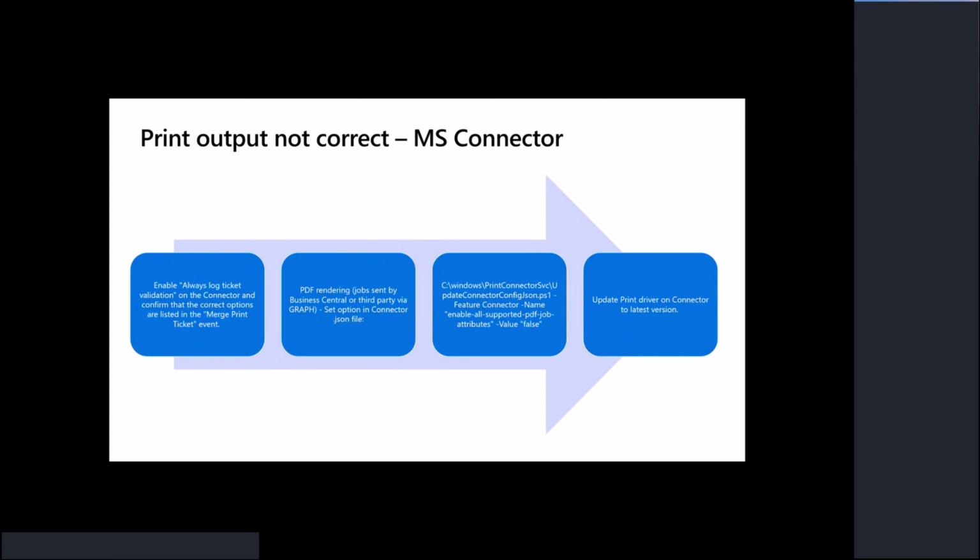Because sometimes there's issues with the print ticket, or the IPP attribute that we're using is doing something that the print driver doesn't understand, or there's a bunch of things that way. But that's typically something that a Microsoft support engineer can help with.